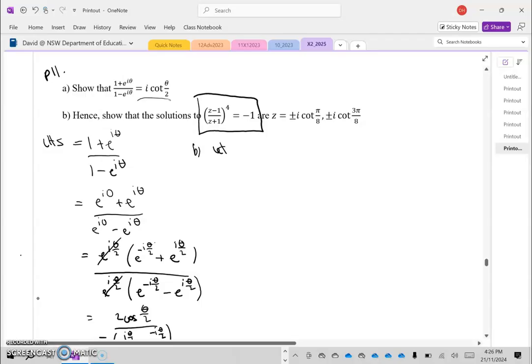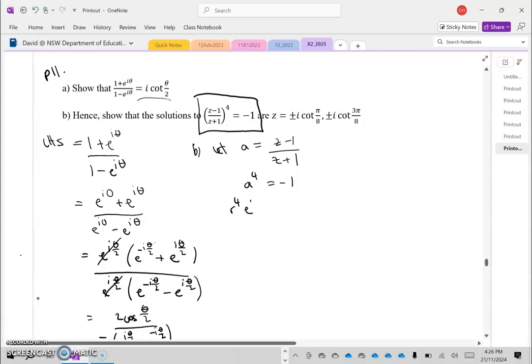If you were to let a be z minus 1 on z plus 1, I've just picked a to be a random thing, then this equation is the same as a to the power of 4 equals -1. So that's the 4th roots of -1. So I can solve for a, and then I can sub back in and solve for z later. So that's what I'm going to do.